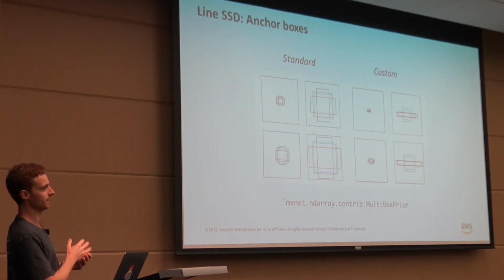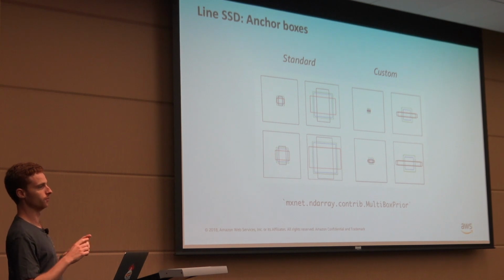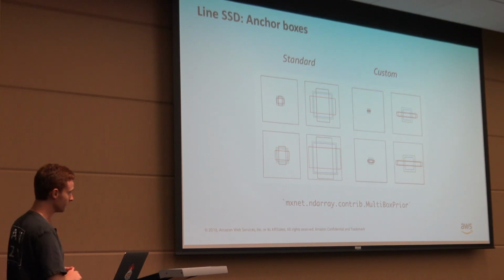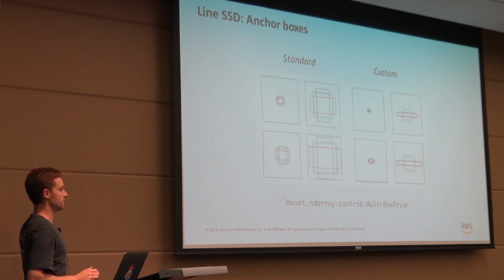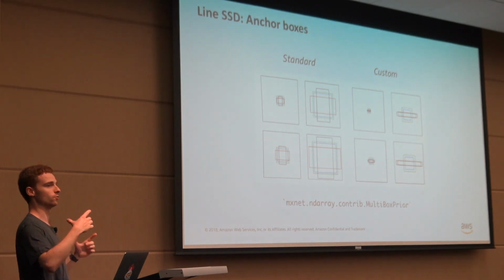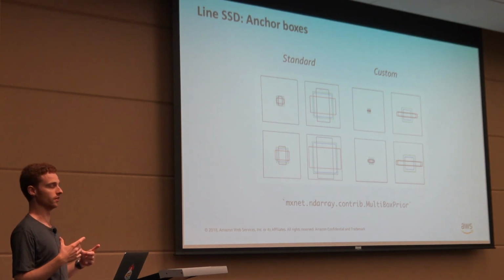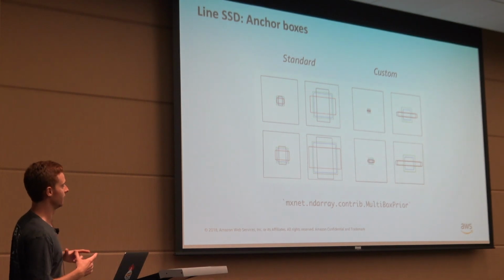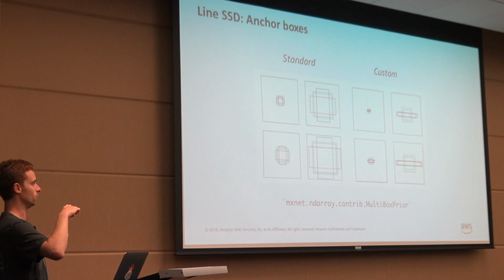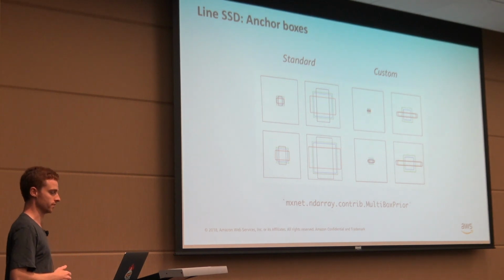So instead of predicting where the objects are, you predict the change that needs to be made to the boxes to isolate an object. And because these boxes cover the whole image, the chances are there's going to be an anchor box reasonably close to a certain object you're interested in, and you're going to be able to move that anchor box just a little bit to contain your object.